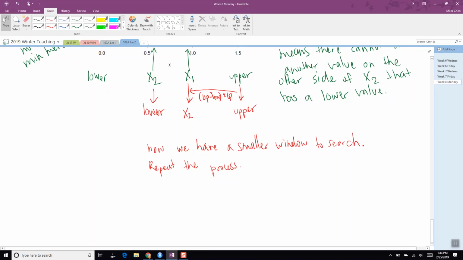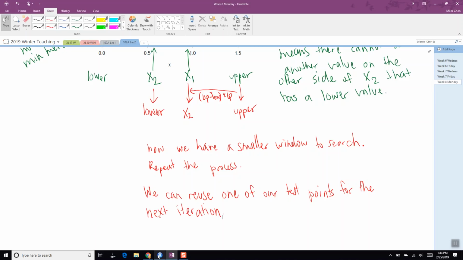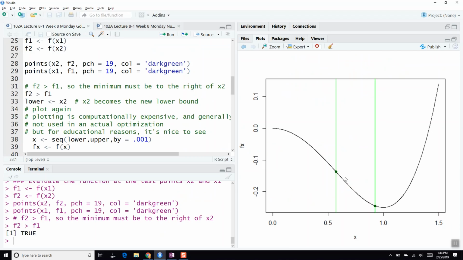So now we have a smaller window to search, we repeat the process, and we can reuse one of our test points for the next iteration. So let's go ahead and show this. I'm going to go from around 0.6 to 1.5.